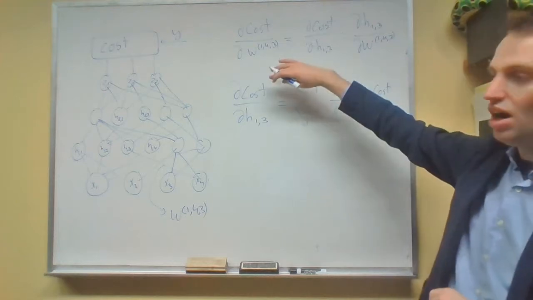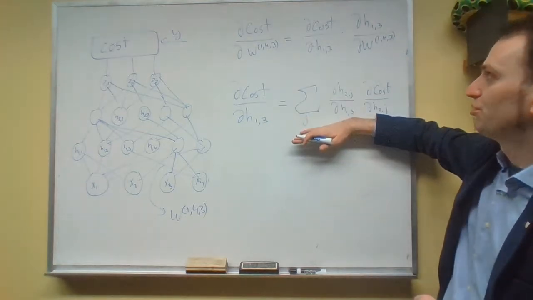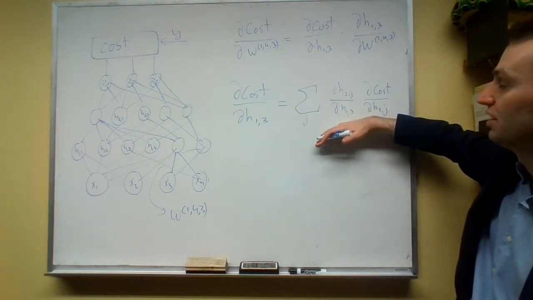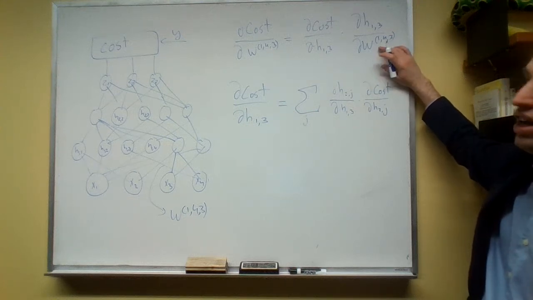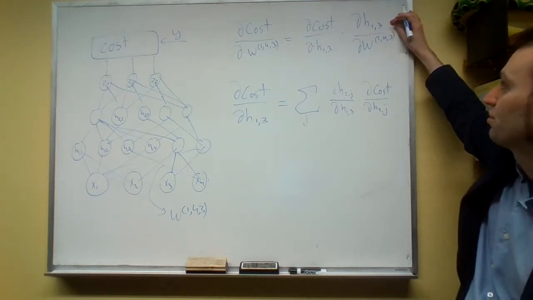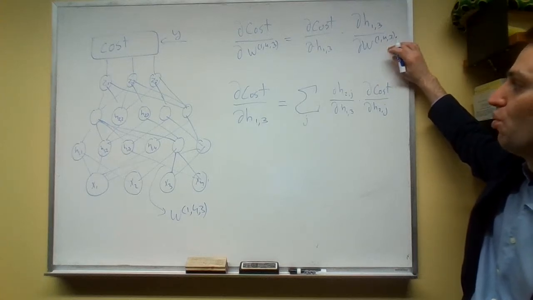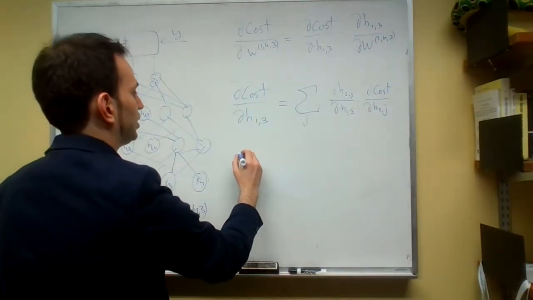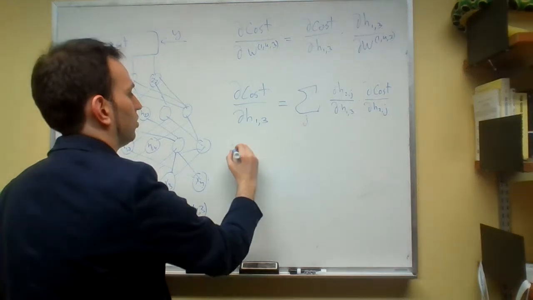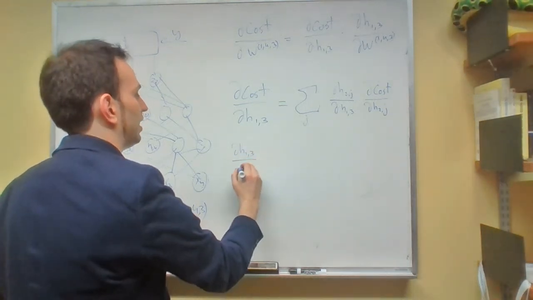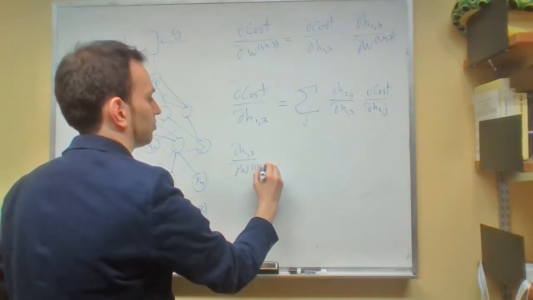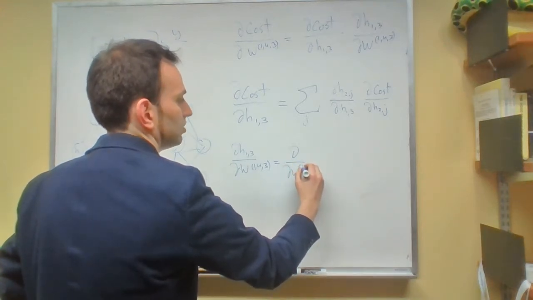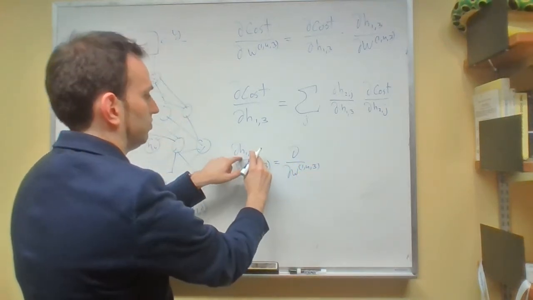Excellent. So the cost by dh13, we're kind of assuming we already have that because we have the formula for it, and you'd apply a similar kind of procedure to compute this. So let's focus on trying to compute this guy, dh13 by dw143. How to do that? Well, here you actually have to write things out. So dh13 by dw143 is d by dw143 of the actual h.